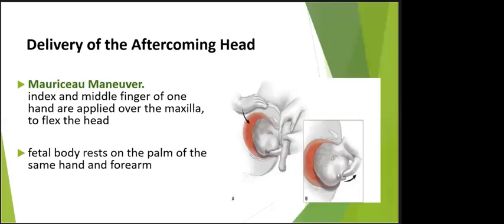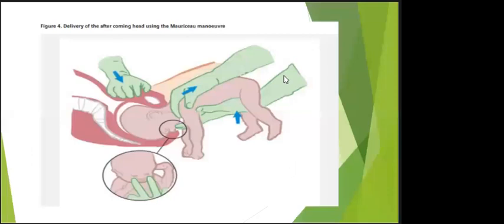Okay, so the rest of the fetal body is resting on the palm, hand and forearm of the operator, the non-dominant hand. It's seen hanging, no? So pressure is applied on the maxillary area, someone is pushing on the suprapubic area, and the fetal body is lying on the hand and the forearm of the operator.